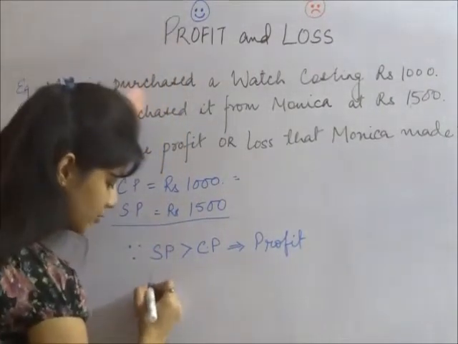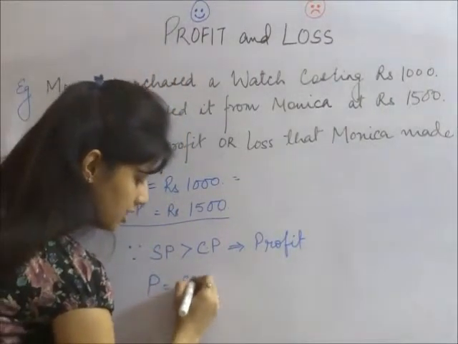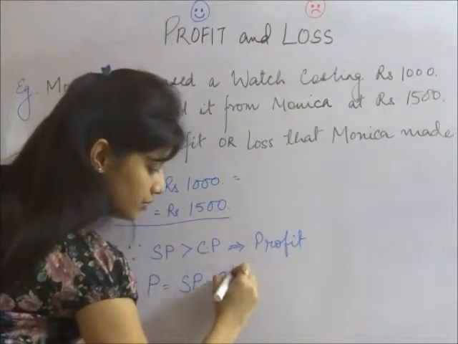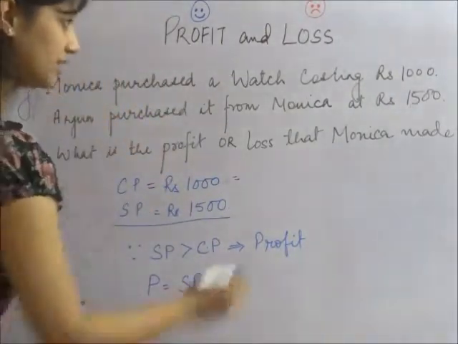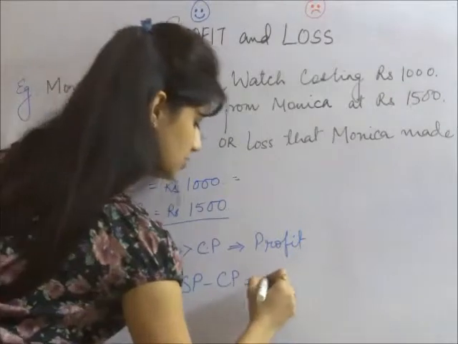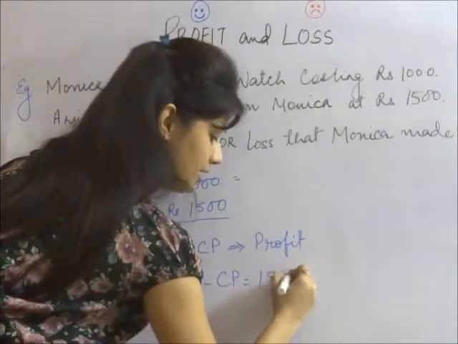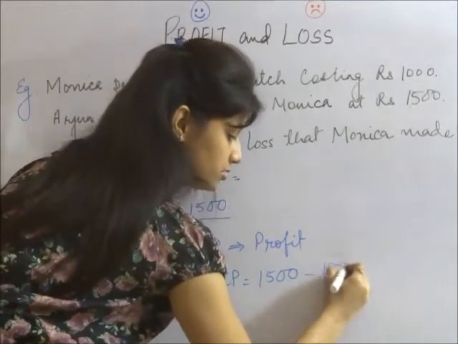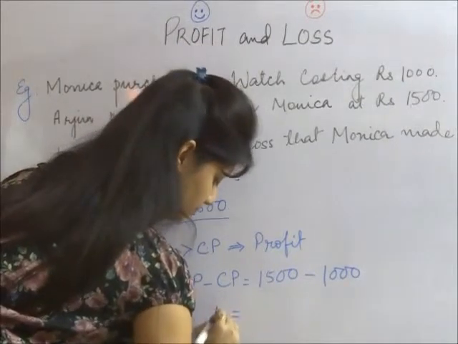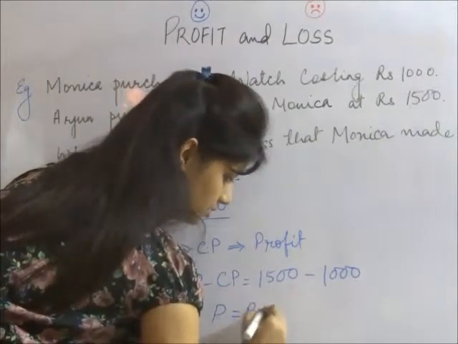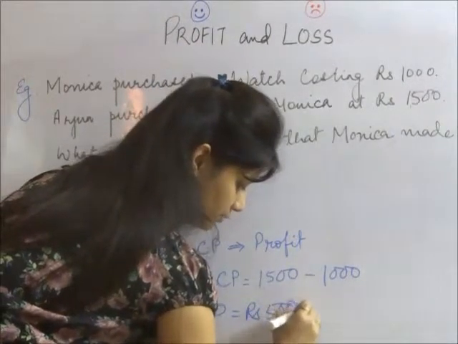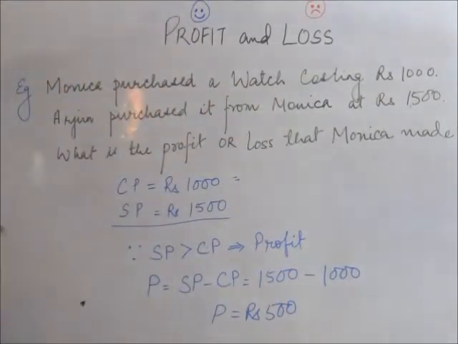And to calculate profit, we know there is a formula, SP minus CP. Now by simply putting the values, 1500 minus 1000, profit becomes rupees 500. Clear? Now moving on to the next example.